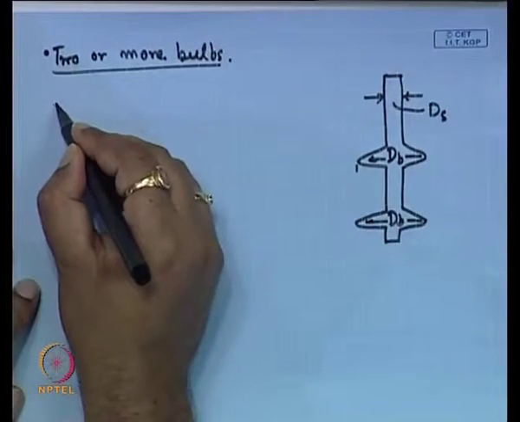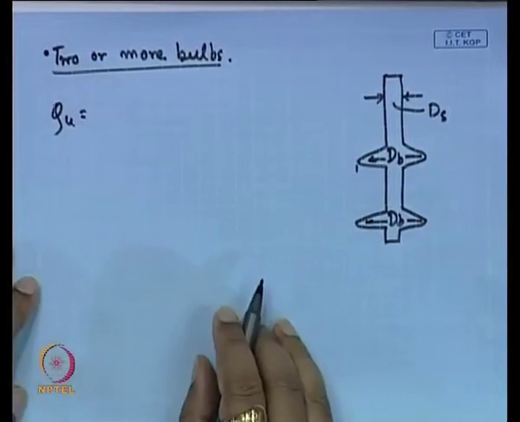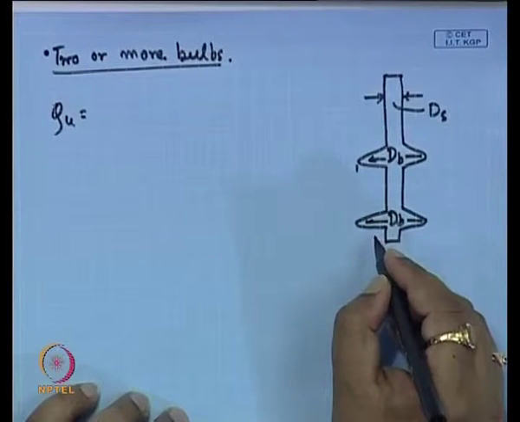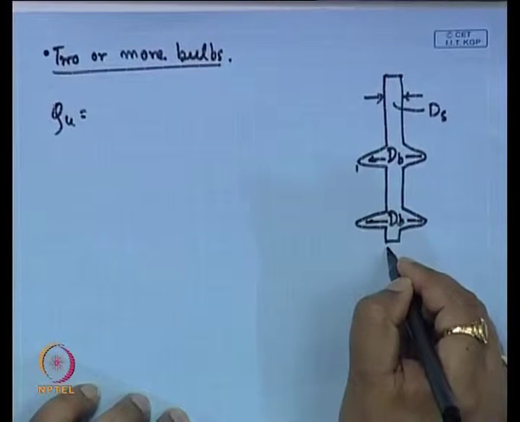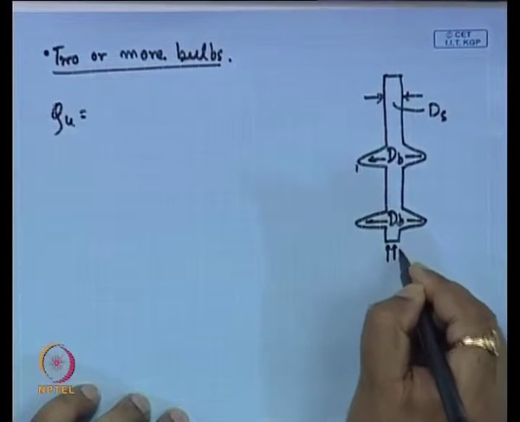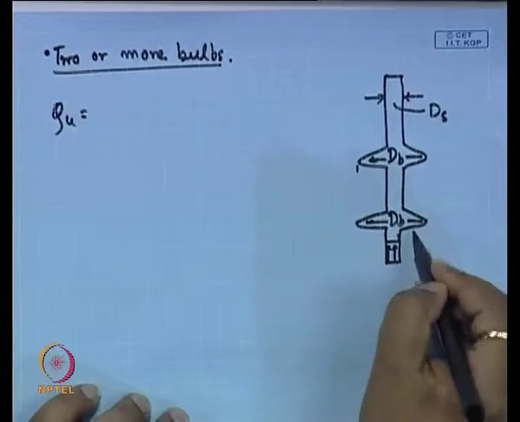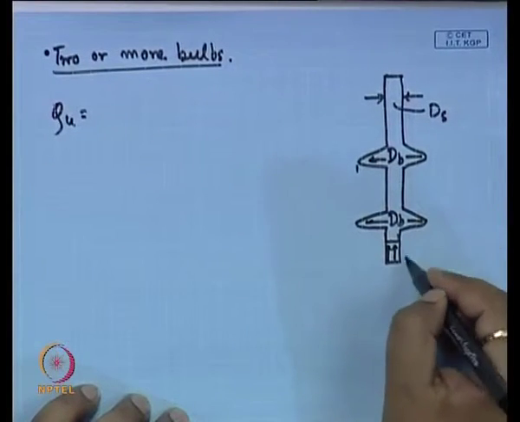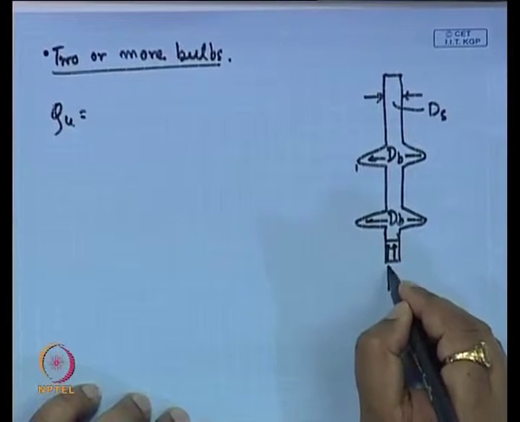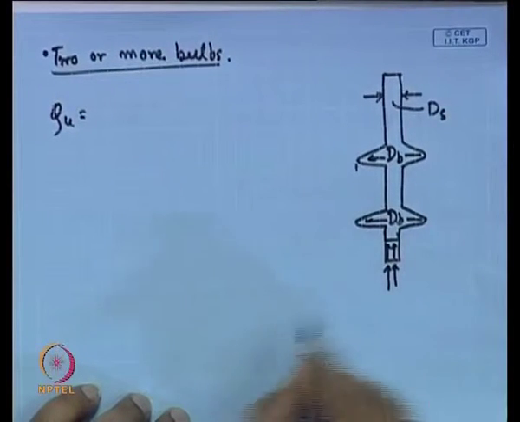So, in such a case Qu, here we are getting the resistance, one at the tip level, and suppose the first bulb, the lower bulb, is quite high from the tip of the pile.